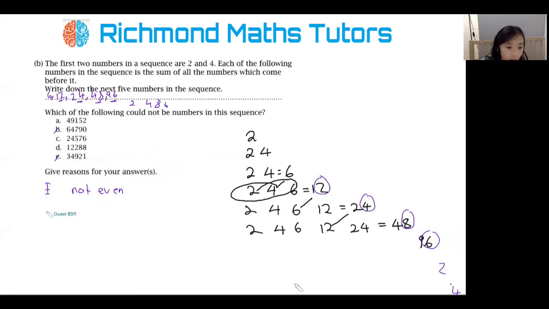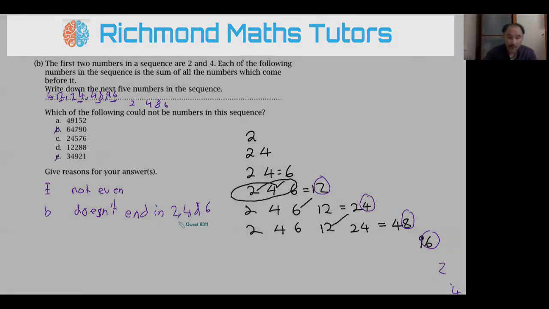And then B, because it doesn't end in a 2, 4, 8, or 6. Because it ends in a 0. Very nice.